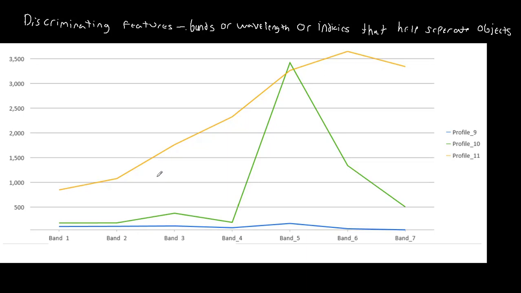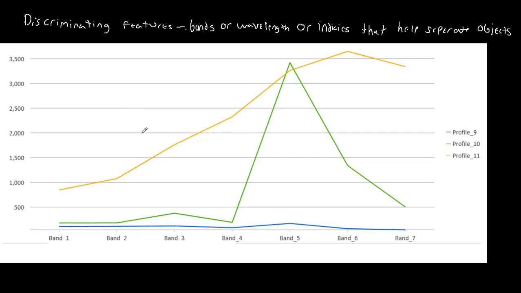So what I want to do in this video is go through a real example. All of this data was pulled directly from an image in ArcGIS Pro. I want to show how we would use spectral profiles to determine the most useful discriminating features to separate out three different objects.